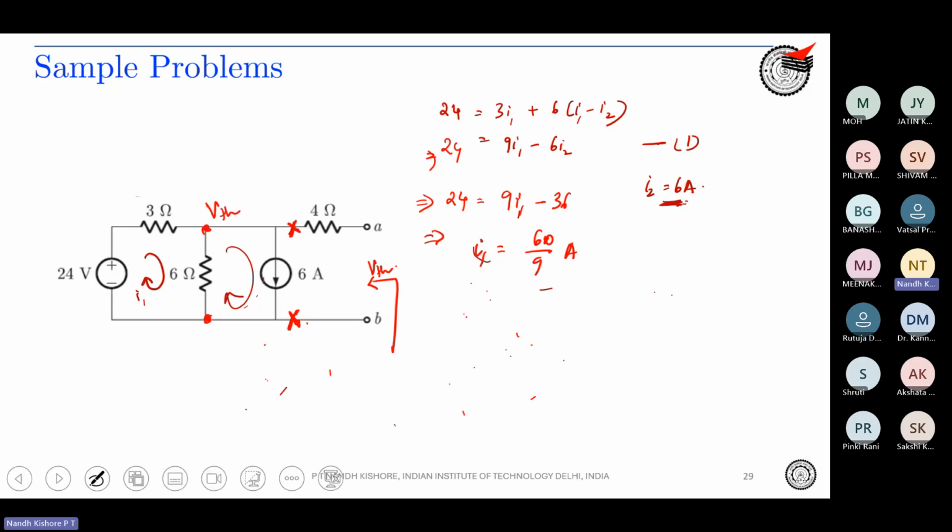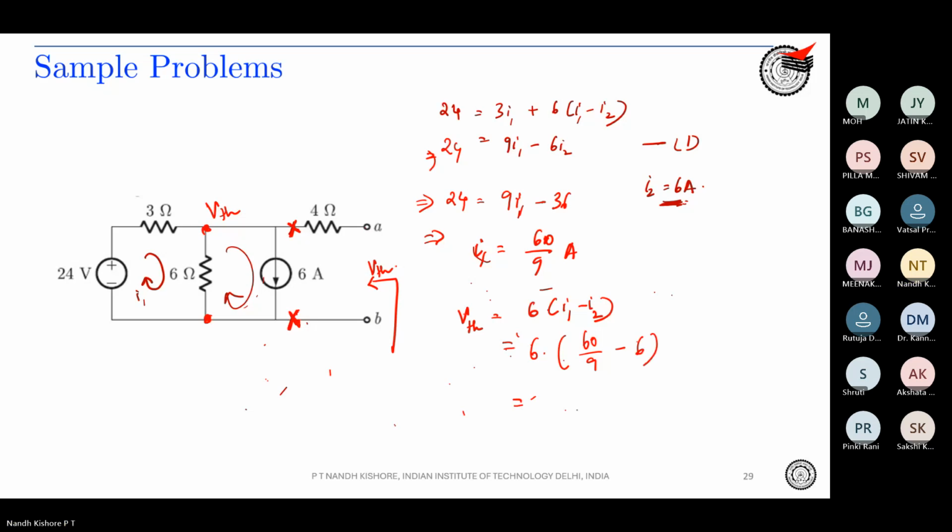V Thevenin can be written as 6 into (I1 minus I2), directly. So 6 into (60 by 9 minus 6) ampere. How much are you getting? 4 volts. Correct. You will get 4 volts.